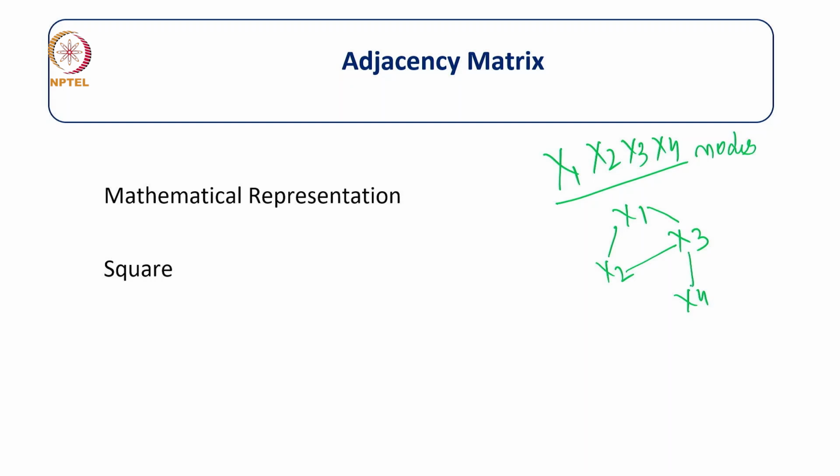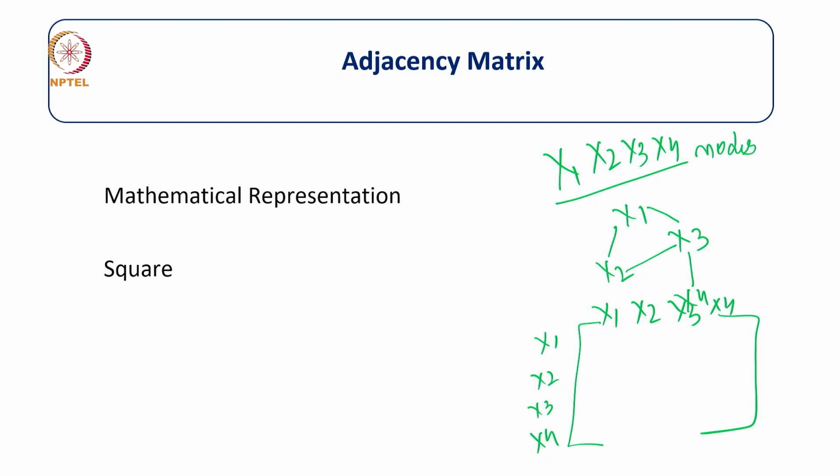Okay. So for this particular network, how will we draw the adjacency matrix? The matrix will be like this. This is x1, x2, x3, x4. Here also x1, x2, x3, x4.